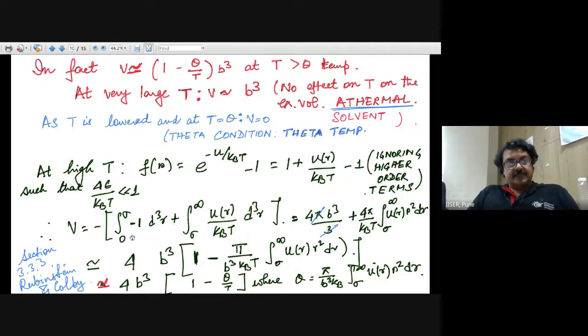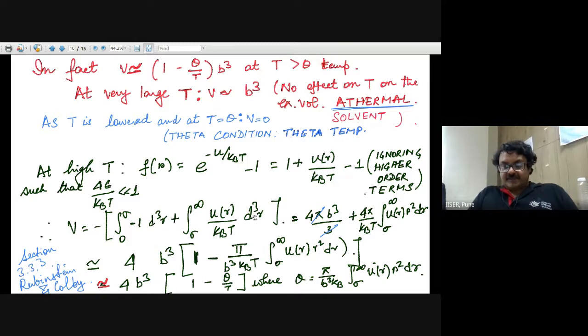Then you write the Mayer function in terms of the hardcore repulsion part and the other part, from 0 to sigma and sigma to infinity. If you do this integral, this will be 4 pi b cubed by 3. Now cancel pi and 3.